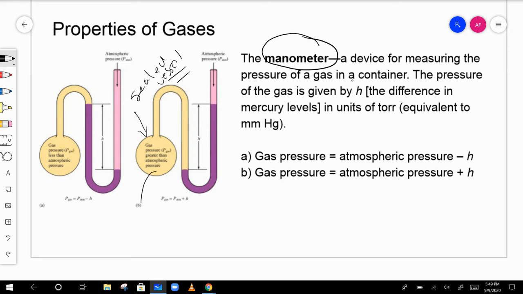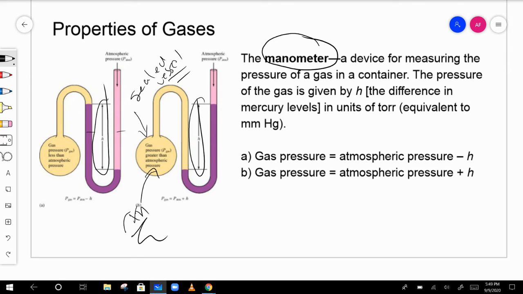You'll make a reaction here, and depending on how much the level changes, the distance it changes, you can tell what the pressure is.